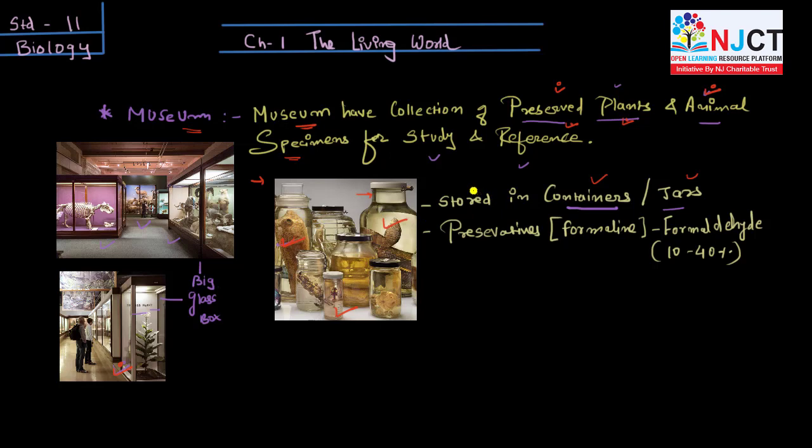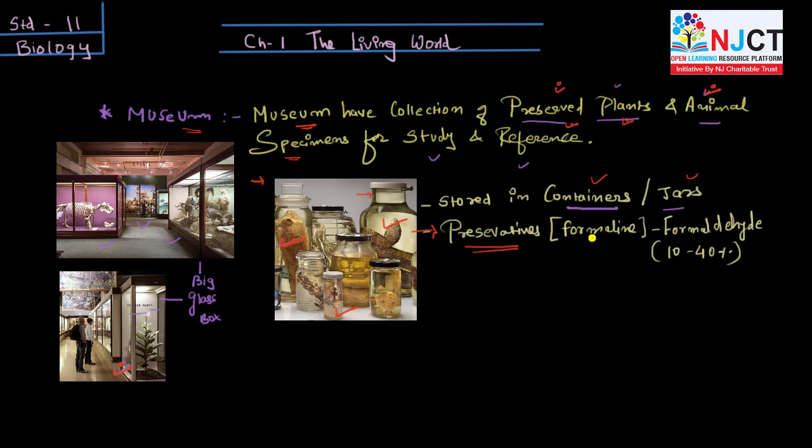Biodegradation. We have studied about this, right? There are microorganisms which are going to degrade it. So if you want to keep them in the same state, you have to add preservatives, right? So can you see this liquid over here in each and every jar? That is your preservative.